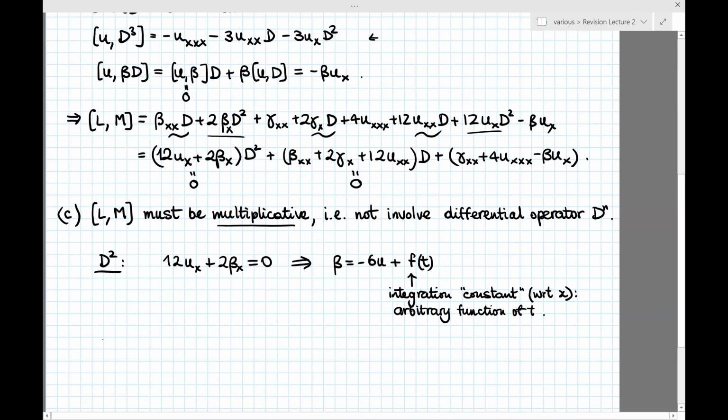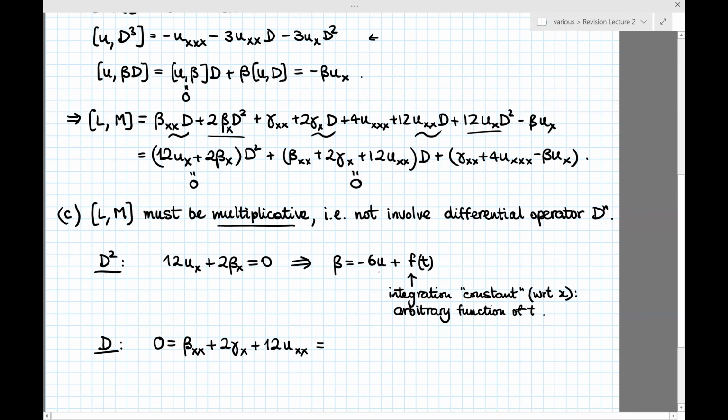Okay, so next we move on to the terms of order d. So we want to set 0 to beta xx plus 2 gamma x plus 12 uxx. And now we can use the expression that relates beta and u above. So we take 2 x derivatives.